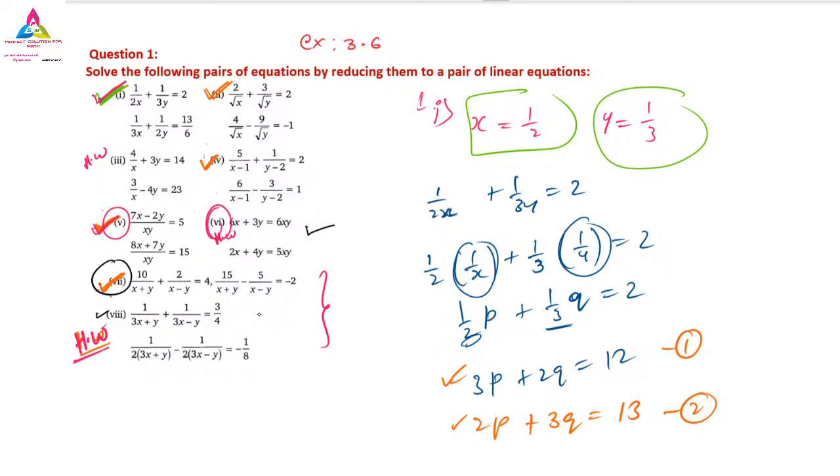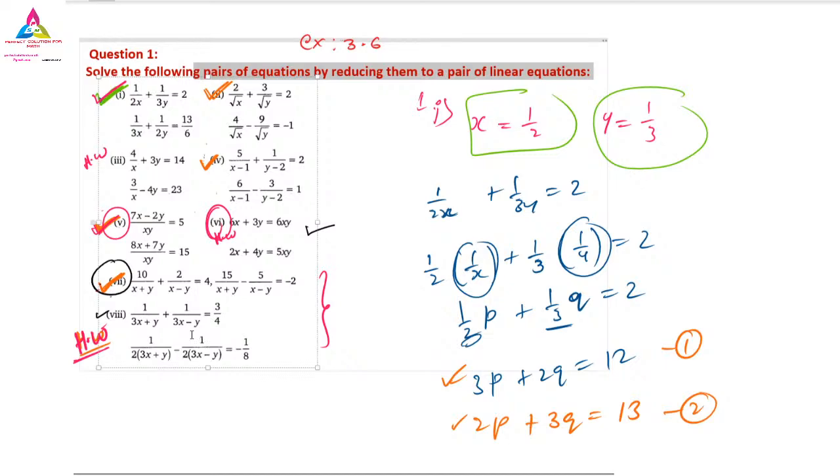The seventh problem is a little different. Here we have to solve this question twice. We have to find the values of p and q once, then again find the values of x and y separately. So you are going to calculate two times to find the x and y values.